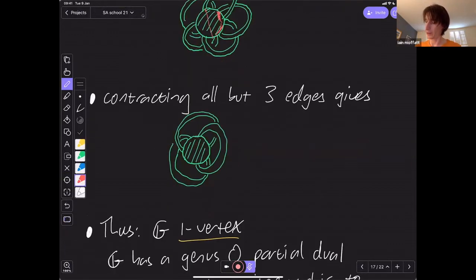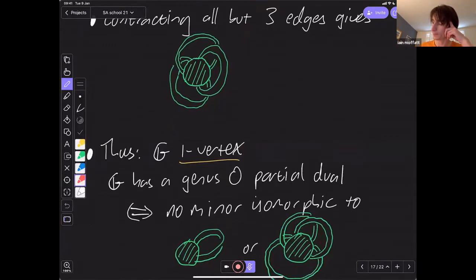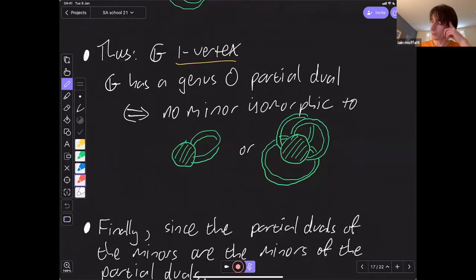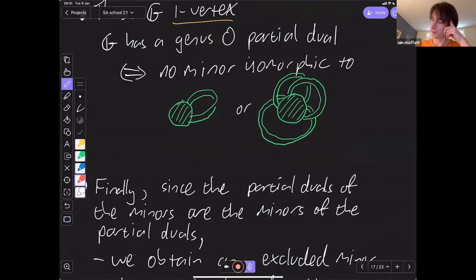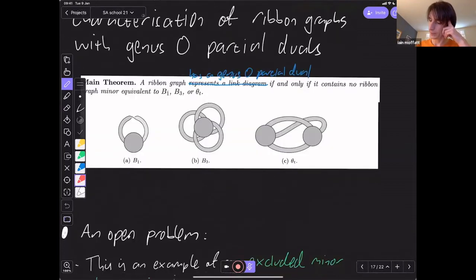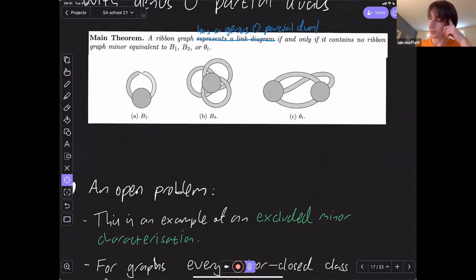And contracting all but 3 edges would give me this. So this gives me an excluded minor characterization of when a ribbon graph would have a genus 0 partial dual. And that's going to be if and only if it has this special one that we derived from this analysis.